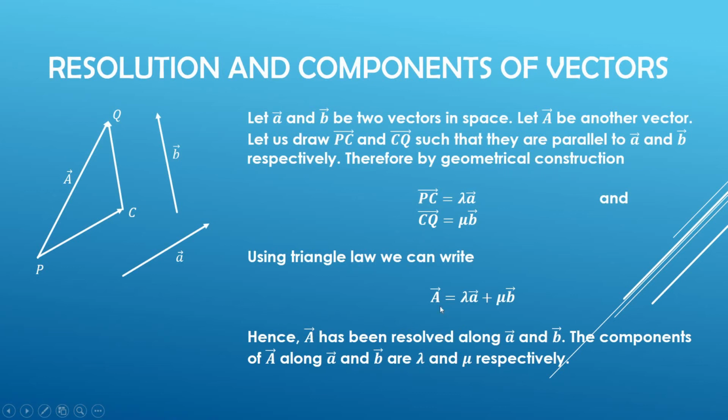Resolved means that we have written A vector in terms of small a vector and b vector, and lambda and mu are known as the components of A vector along small a vector and b vector respectively. This is known as a resolution.